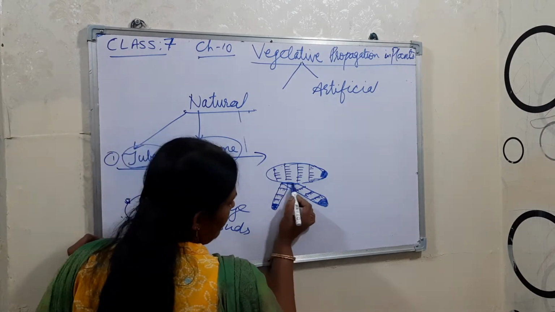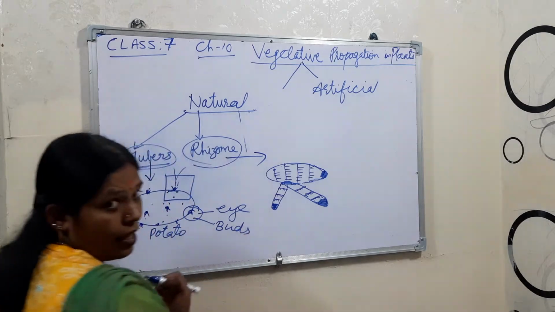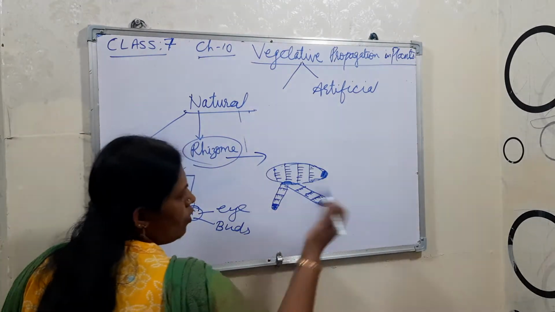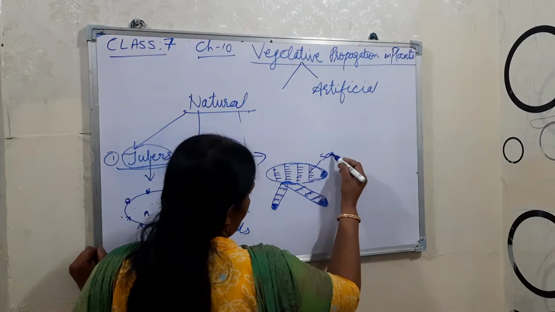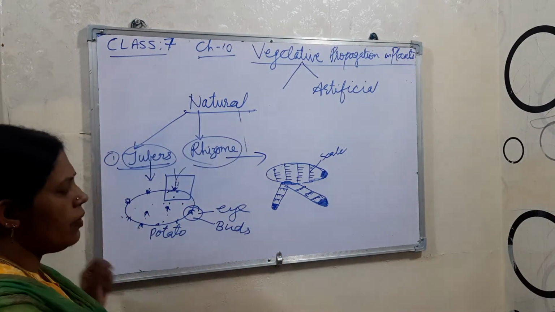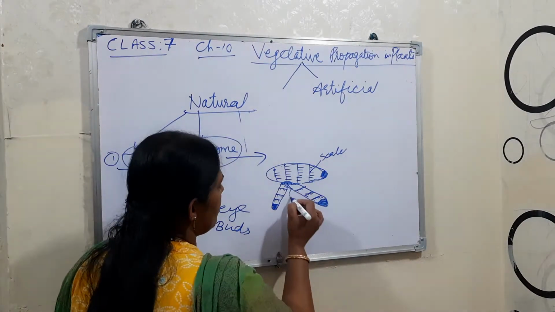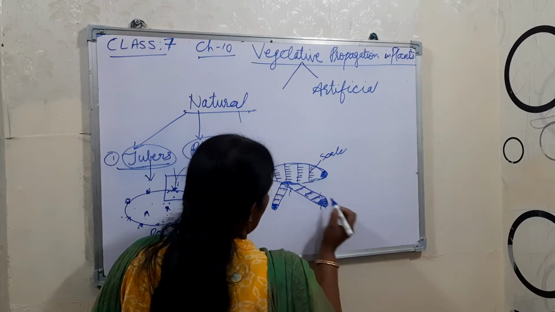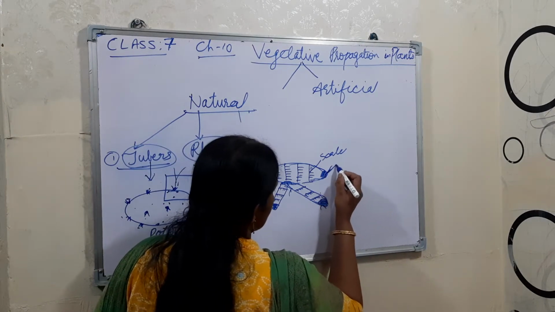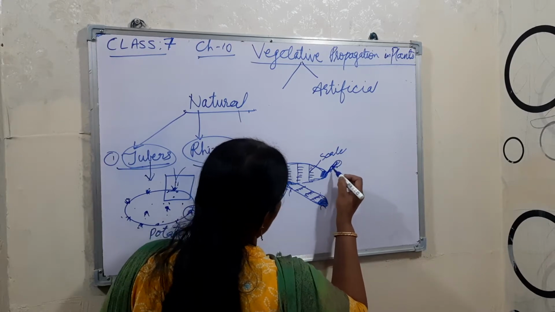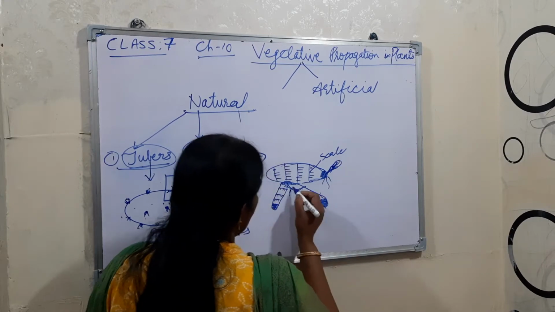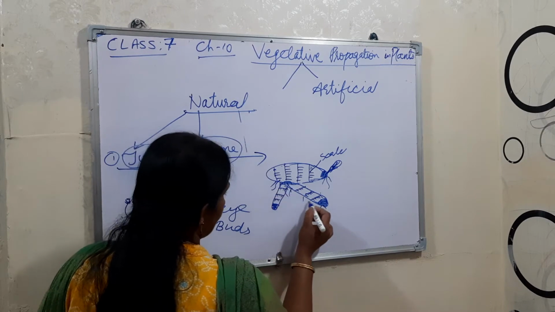And here you can see this portion arises from this. That means they are growing horizontally. These are scales, underground stem, and from these buds you can see new leaves are produced. The new one is produced, then roots are also produced here and there.